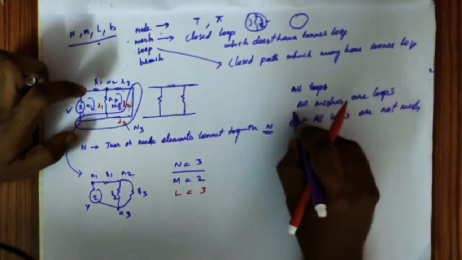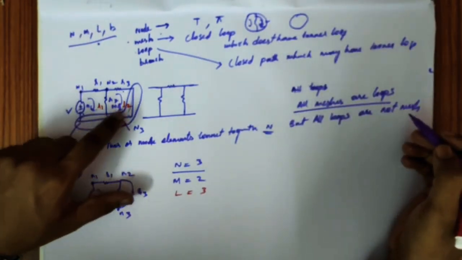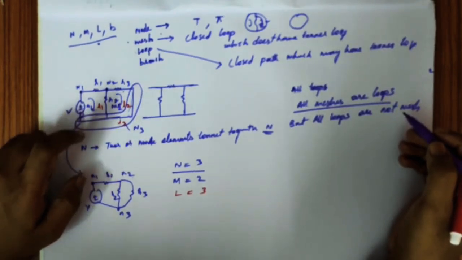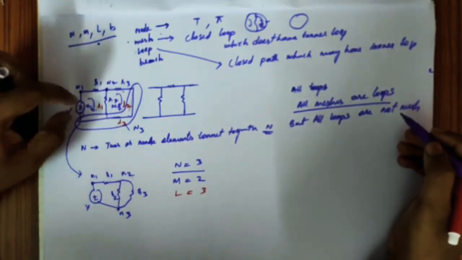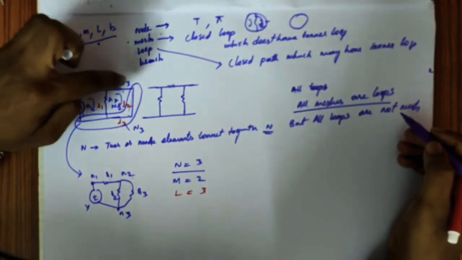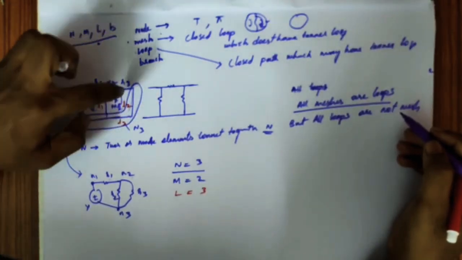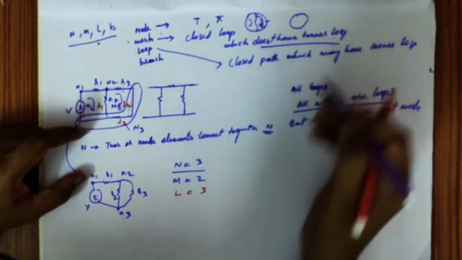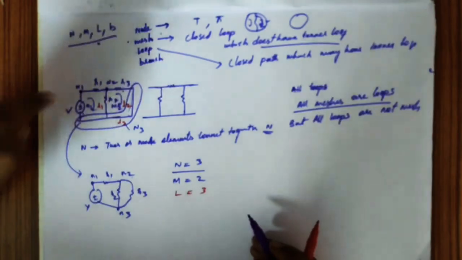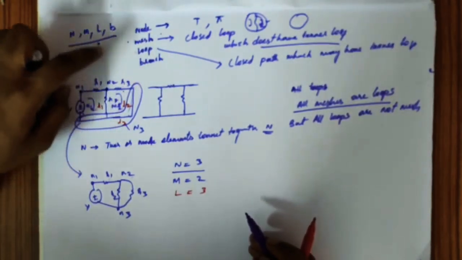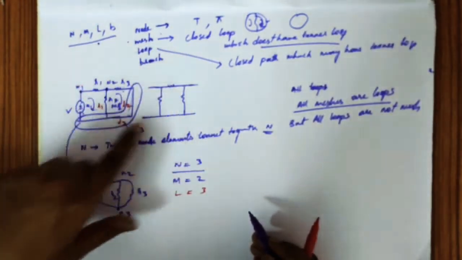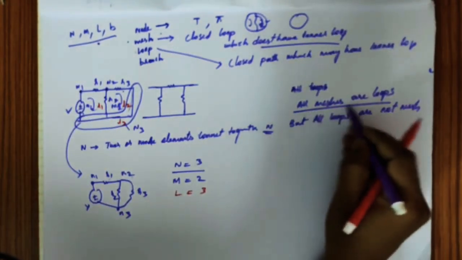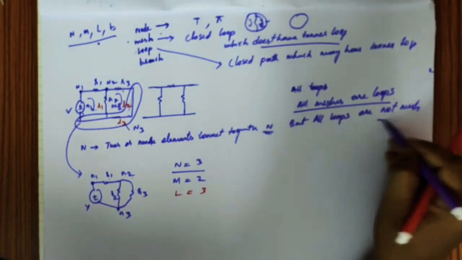So all meshes are called loops. Here we have two meshes M1, M2, and they are also called L1, L2. But this final loop L3, where the current travels from V, R1, R3, is called a loop, but it is not called a mesh. Why? Because a mesh doesn't have an inner loop, but this L3 loop has 2 inner loops. Therefore L3 is not a mesh, but it is a loop. Therefore all meshes are loops, but all loops are not meshes.